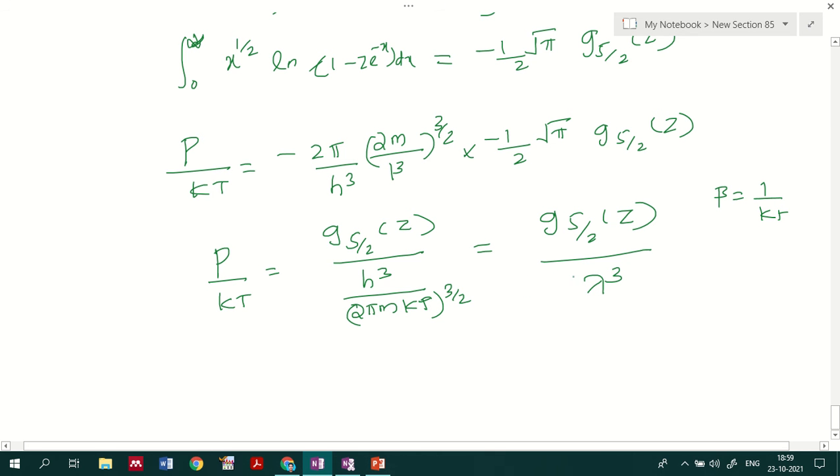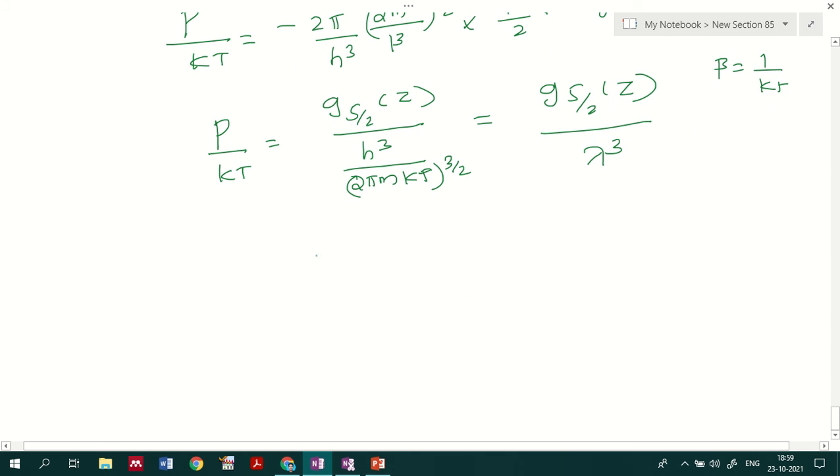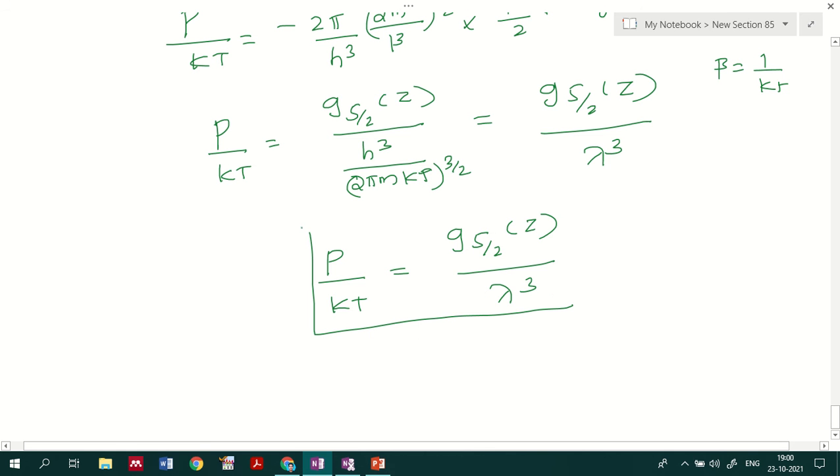So what we are supposed to get is that p by kt, so p by kt is equal to, simply we can represent as p by kt equal to g 5 by 2 of z divided by lambda cube, where g 5 by 2 is the Bose-Einstein function. So this is the final result we need to get corresponding to the representation of p by kt. Okay, so already we got the representation corresponding to p by kt.